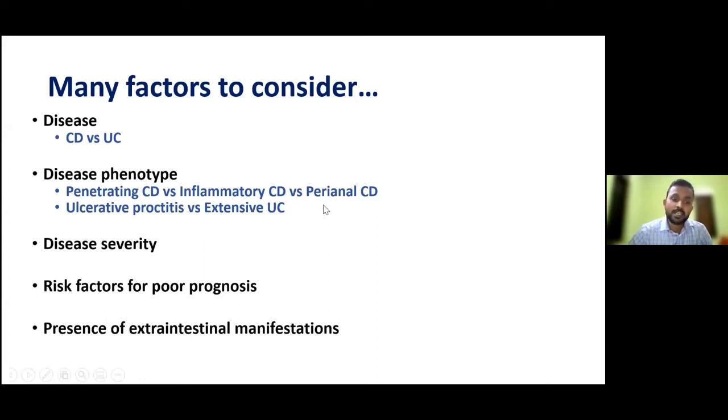Then the other factor we should consider is the disease severity, whether the patient has mild disease or moderate to severe disease. And also we should assess the risk factors for poor prognosis. If those are present, we should go for more intense therapy from the beginning. And the presence or absence of extraintestinal manifestations is also important.